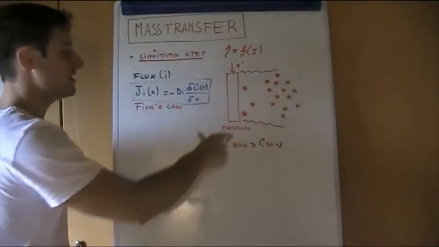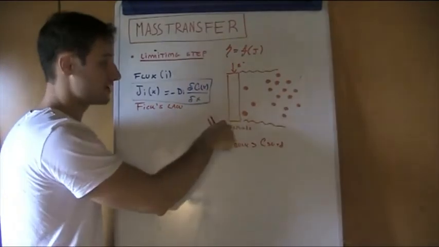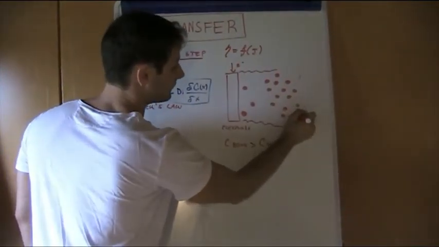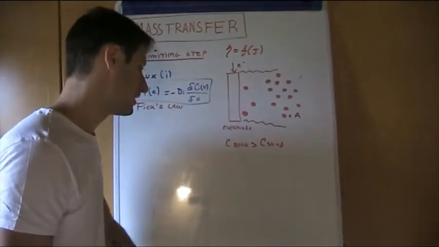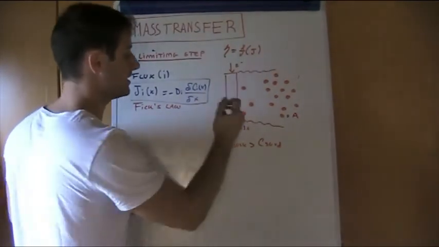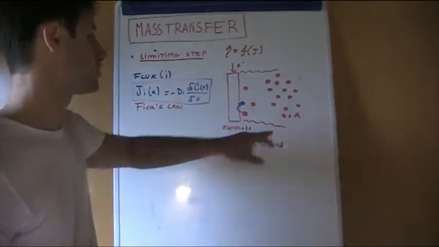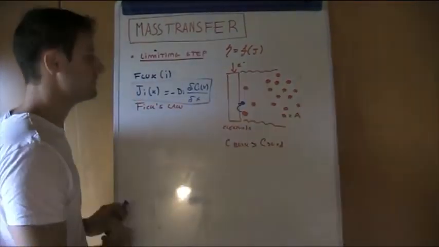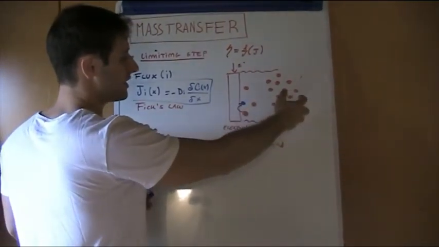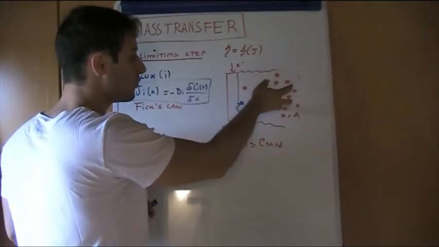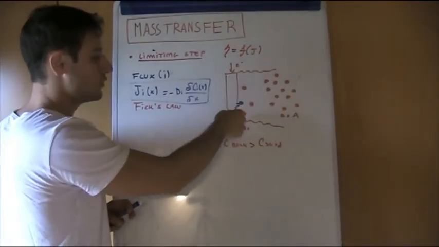Why? Because on the surface, this chemical A is converted maybe into another one, B. And so if we are focusing our attention on A, it's quite obvious that proceeding towards this direction, we have a conversion on the surface.